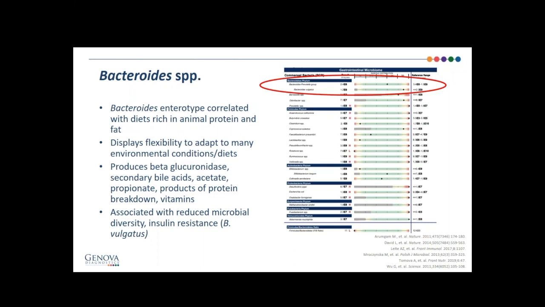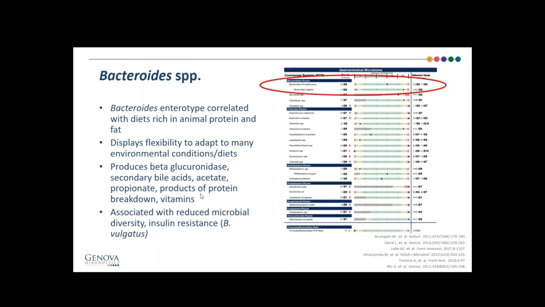They can eat complex carbohydrates and simple carbohydrates too. Some Bacteroides contain lipopolysaccharide, which is an endotoxin that's produced. They also produce beta-glucuronidase, secondary bile acids, short-chain fatty acids, products of protein breakdown, and vitamins. So this group does a lot.